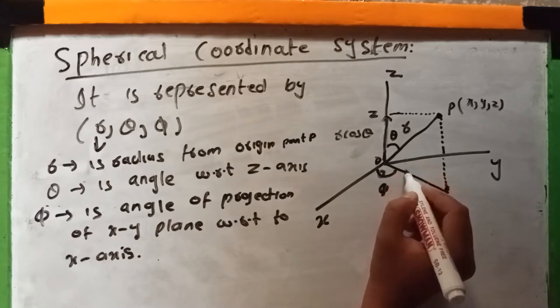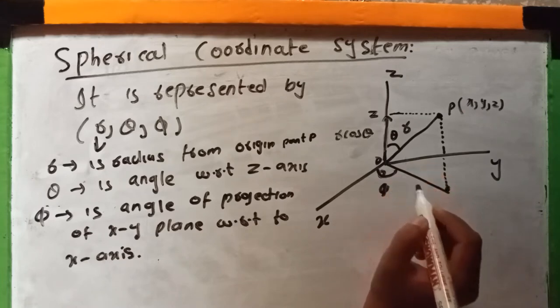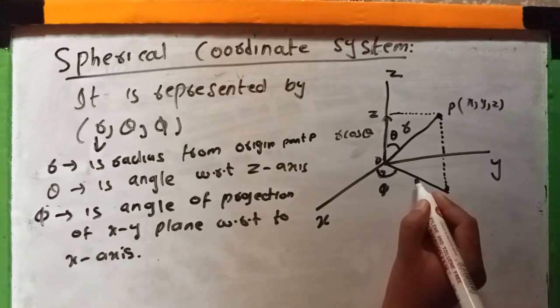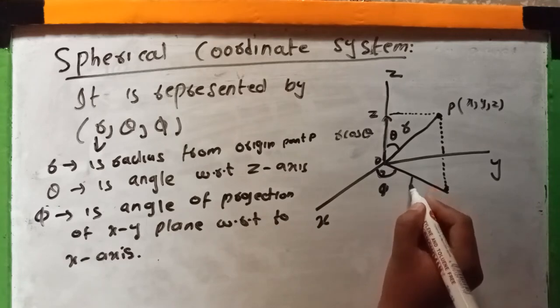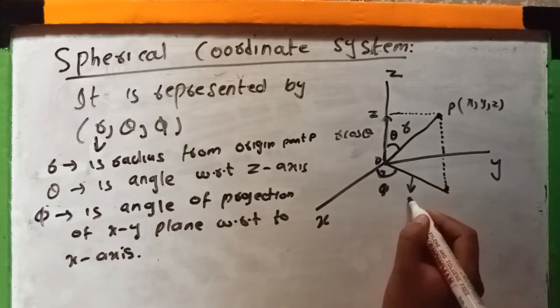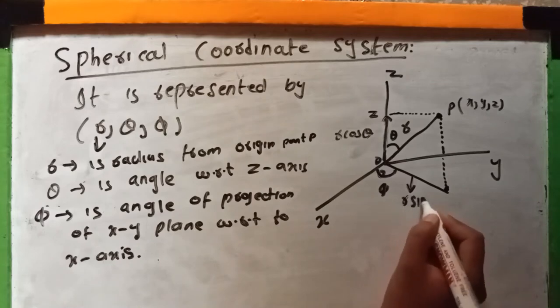And this angle will be 90 minus theta. So if r is the radius, then this line is equal to r sin theta.